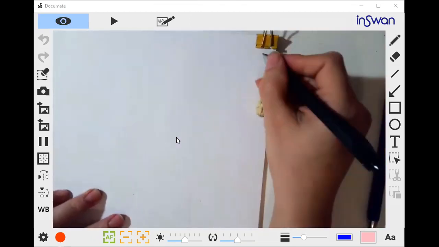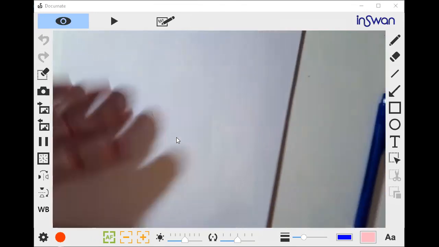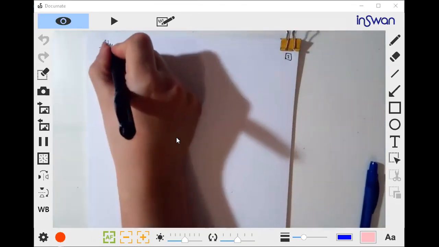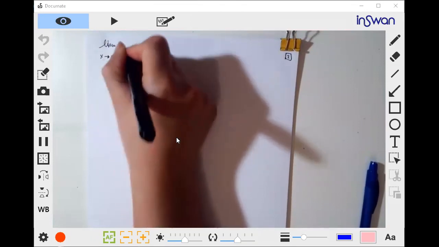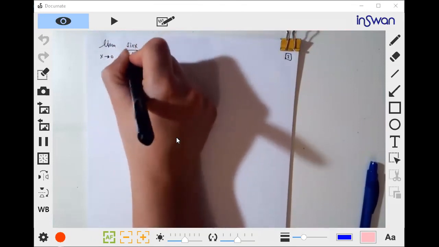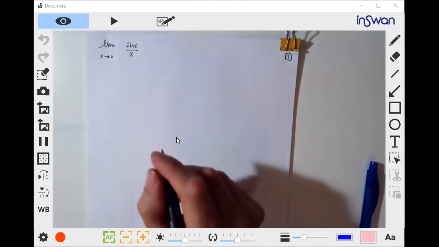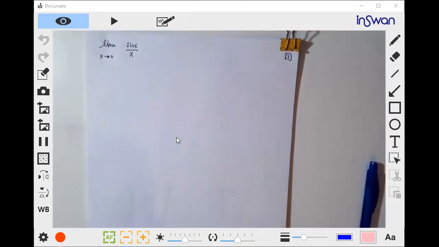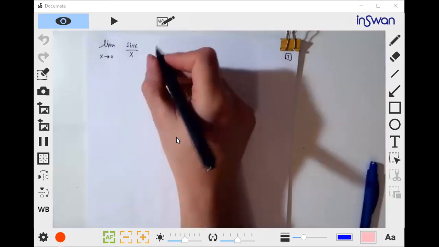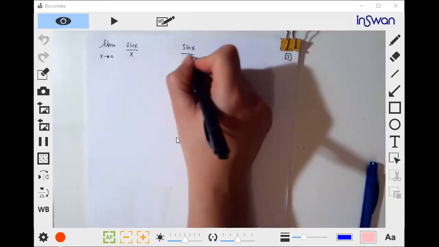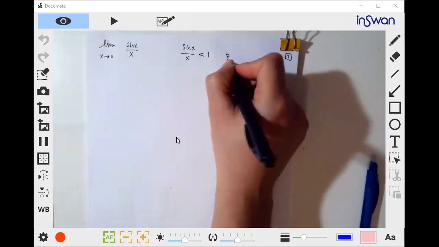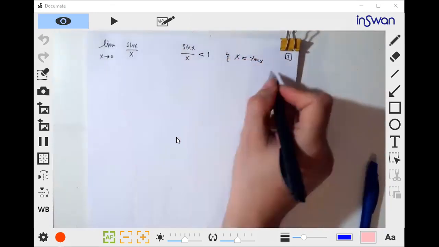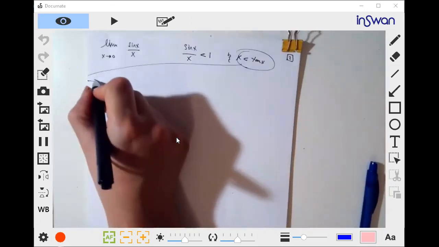So far, it seems like, why are we doing this? Well, it's because we want to determine the limit as x approaches 0 of sine of x all over x. We found that x is less than tangent of x, and tangent of x is sine over cosine.